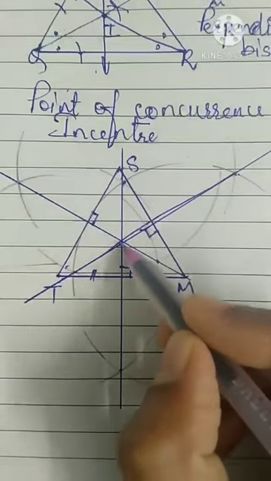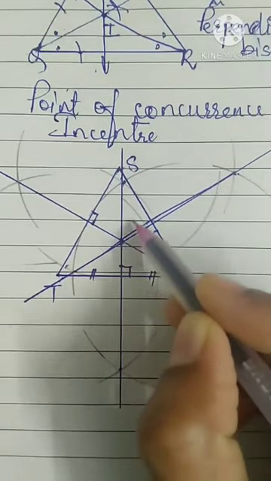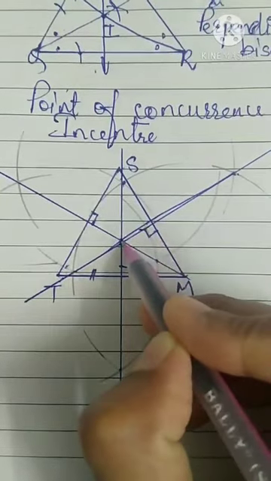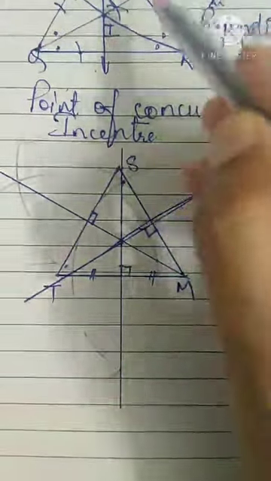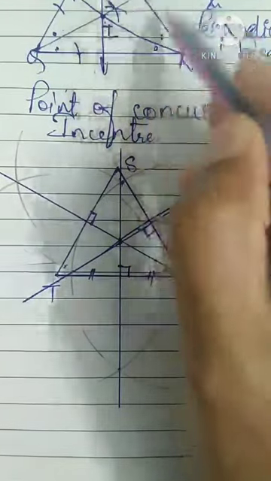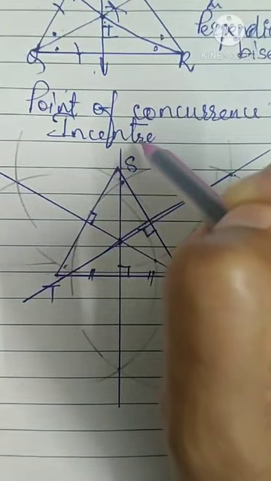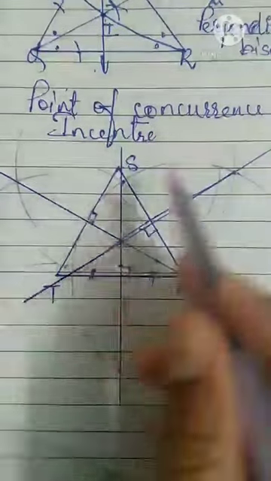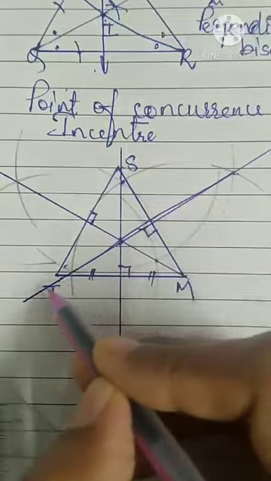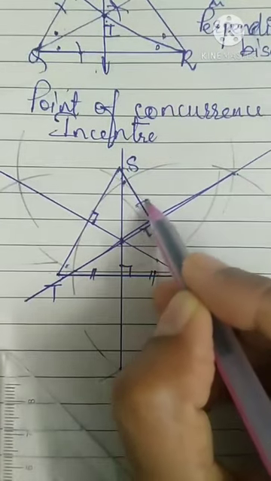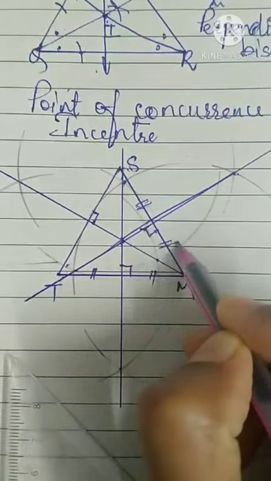We saw that all perpendicular bisectors are passing through a single point. This point is called the point of concurrence, like we got this point for angle bisector. For angle bisector, the point of concurrence is called incenter. For perpendicular bisector, this is perpendicular, 90 degrees, and the side is getting divided into two equal parts.